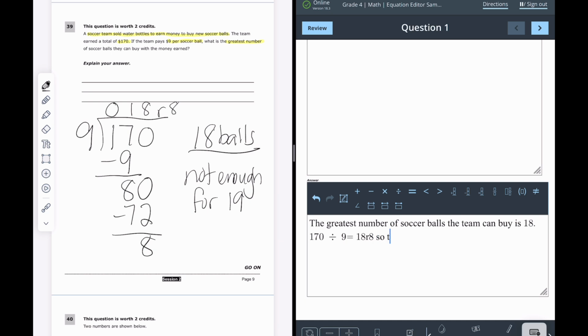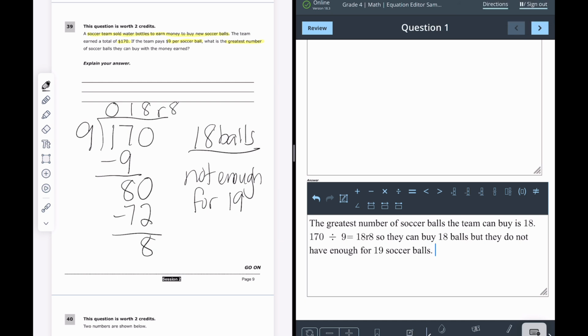So they can buy 18 balls, but they do not have enough for 19 soccer balls.